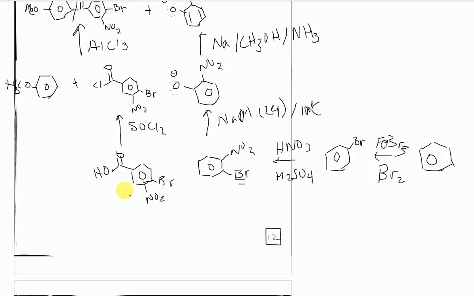I can remove it because I have a bromine group that is the least deactivating, so therefore it's the most directing. And therefore I can directly remove this NO2 group. And it's ortho para directing, so this ortho para position is blocked. So HNO3, H2SO4.